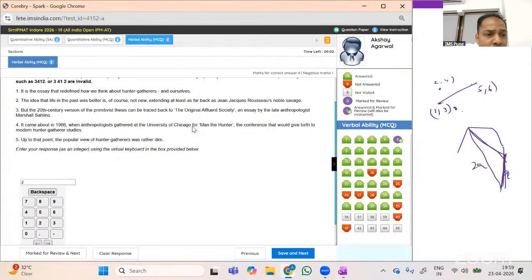But the 20th century version of the primitivist thesis can be tracked back to the original affluent society essay by the late entrepreneur.